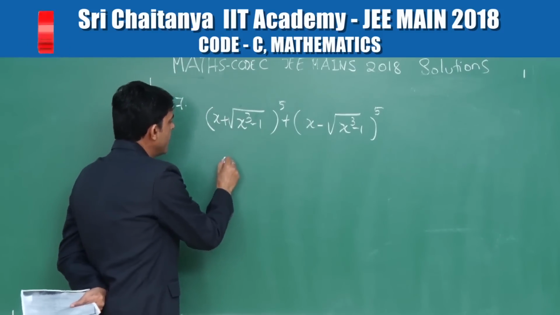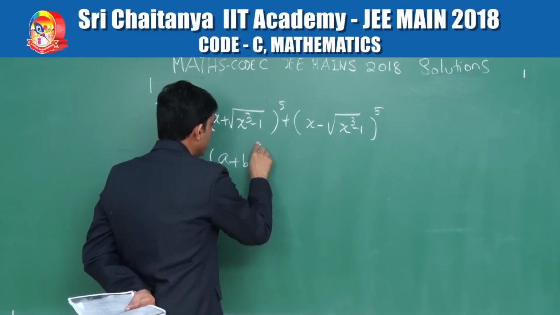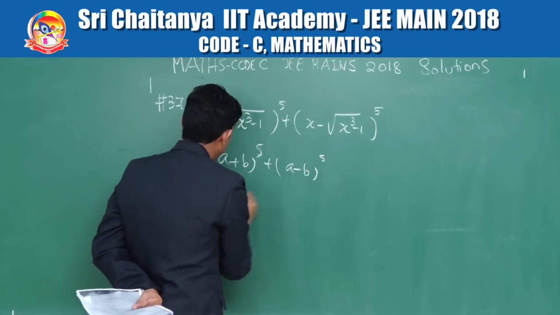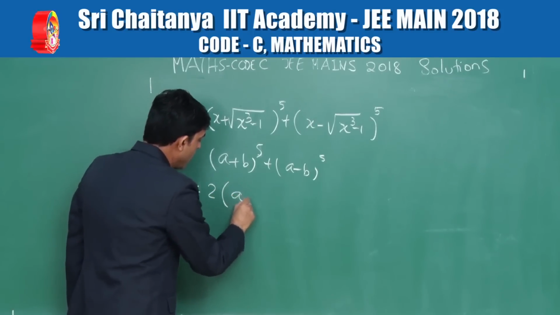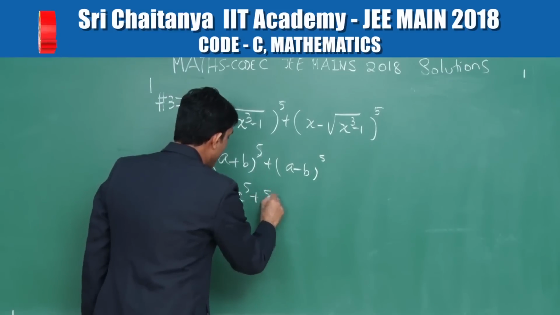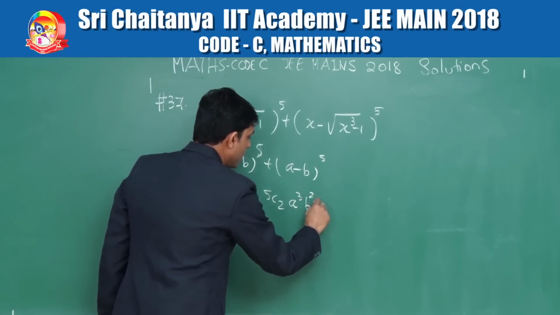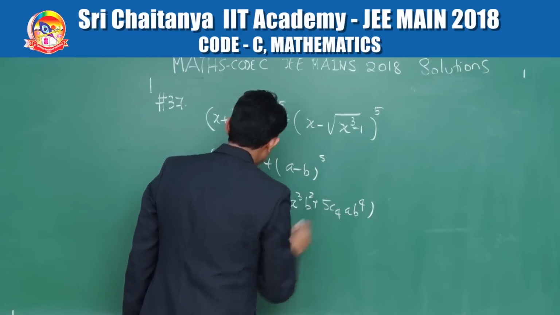This expansion is like a plus b whole to the power 5 plus a minus b whole to the power 5, and that gives you 2 times a to the power 5 plus 5c2 a cube b square plus 5c4 a b to the power 4.